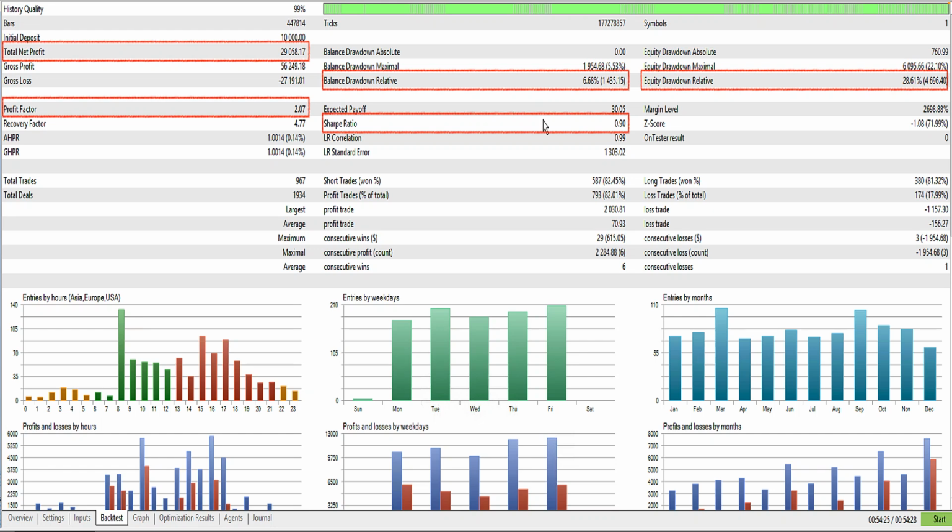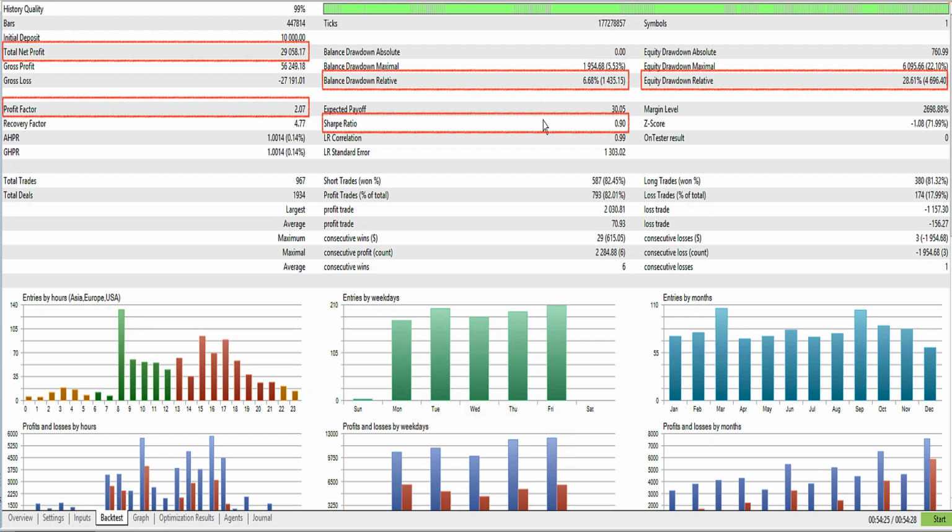But if you were to run your account for 6 years, you'd be about 50% on average. And you can see below that the profit factor is 2.07. Generally speaking, a profit factor of 1 is considered good, so 2.07 is considered very good.